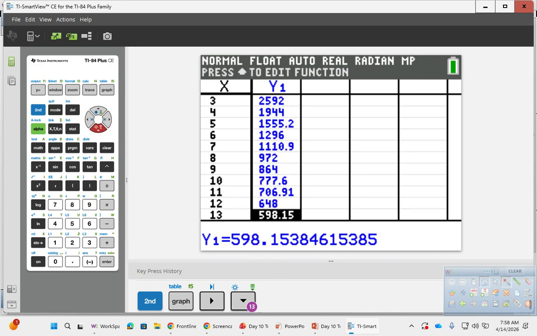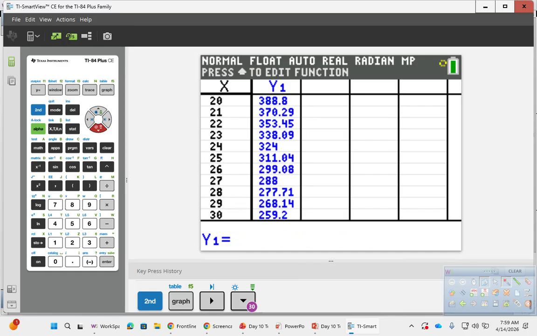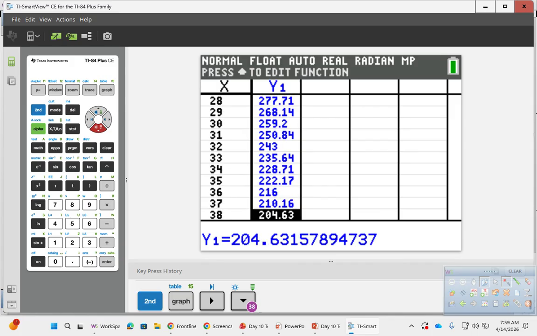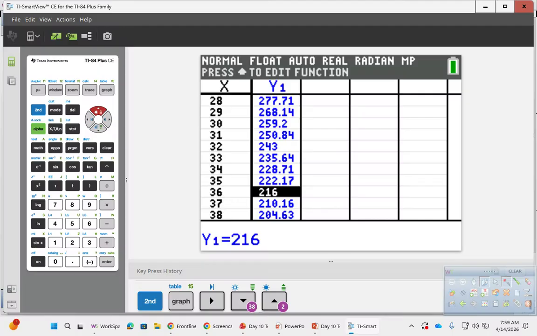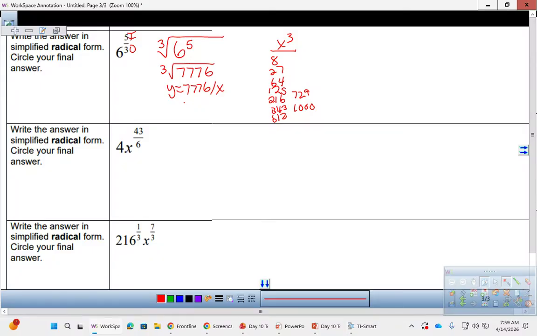Let's see. 216 is one, right? Did you guys pick 216? All right, so I was scrolling for a while, but 216 comes out. 36 is next to it. So I'm going to do the 3rd root of 216 and the 3rd root of 36.